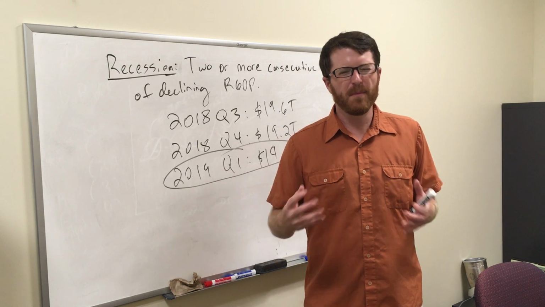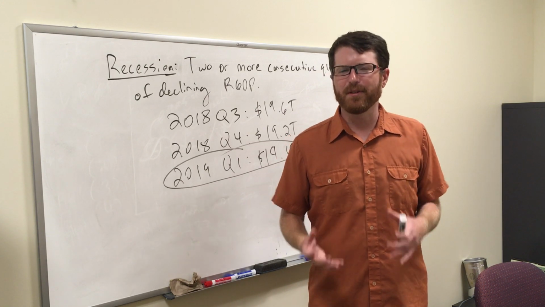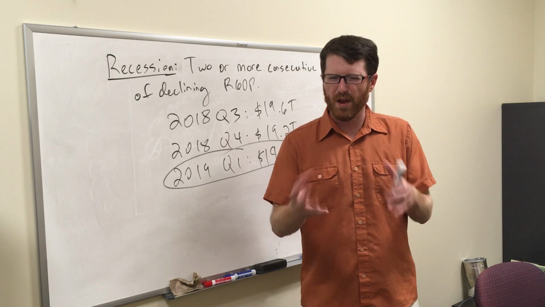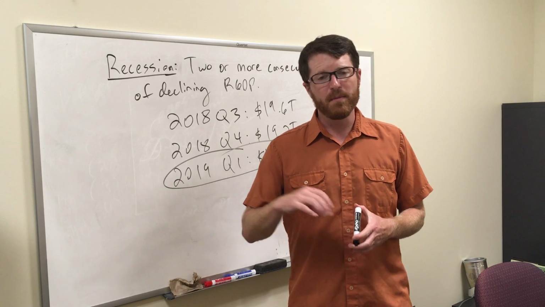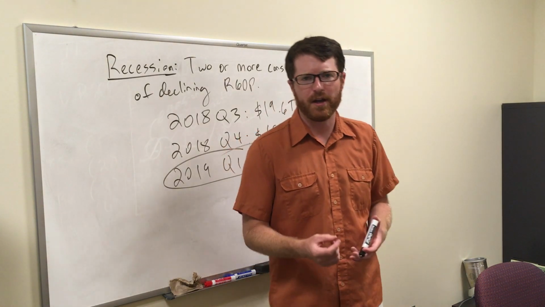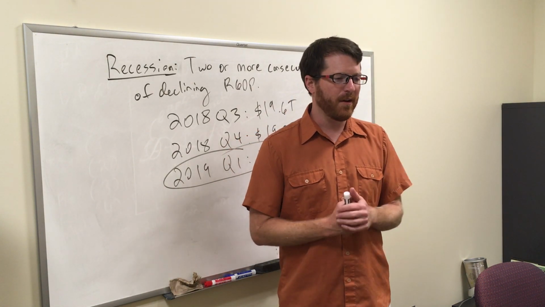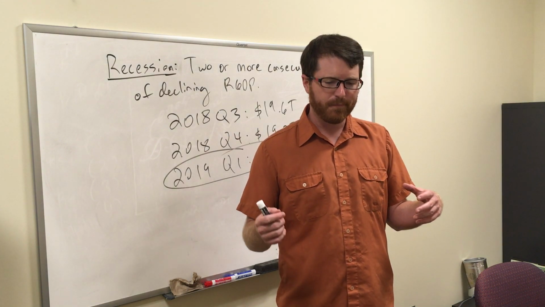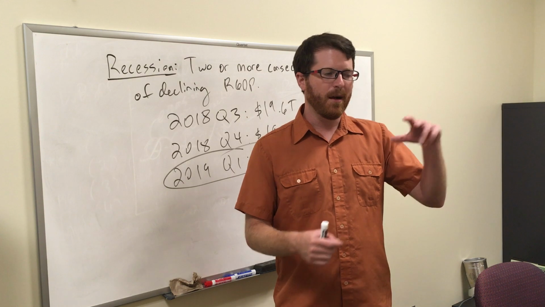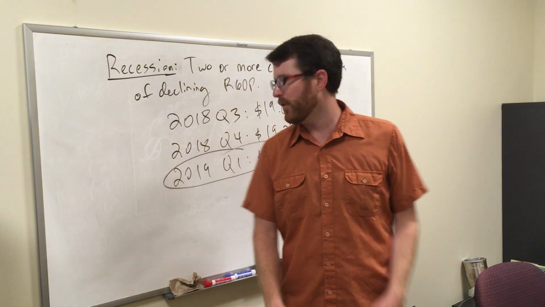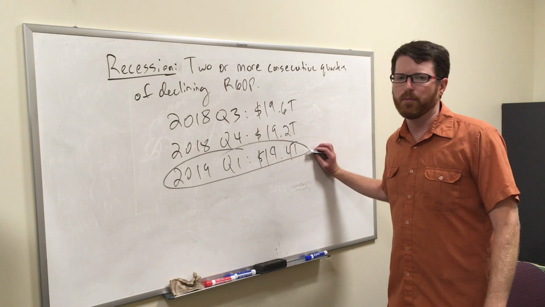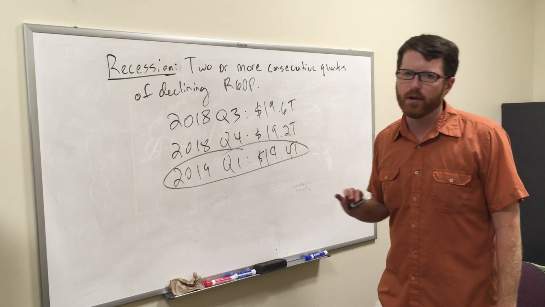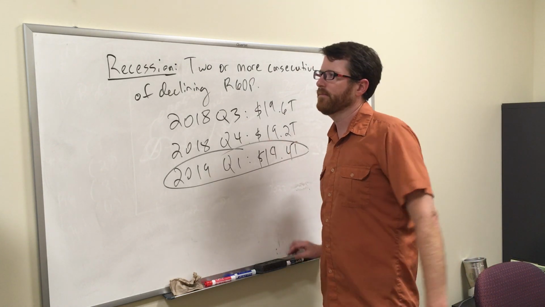Now, determining how hard it is to get labor doesn't really have anything to do directly with being in a recession. We can be in a recession, but it can be easy to find a job. Or we can have a horrible recession, like back in 2010, a bad economy, but we're not technically in a recession because things are starting to improve. So you just need to know what a recession is, and that's it.